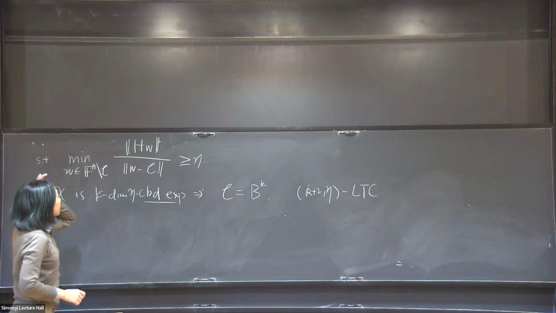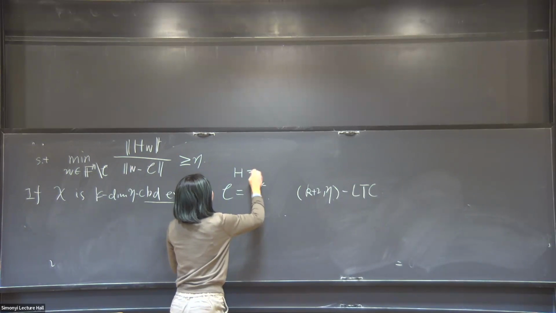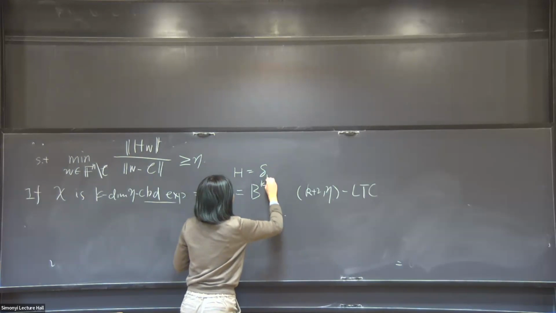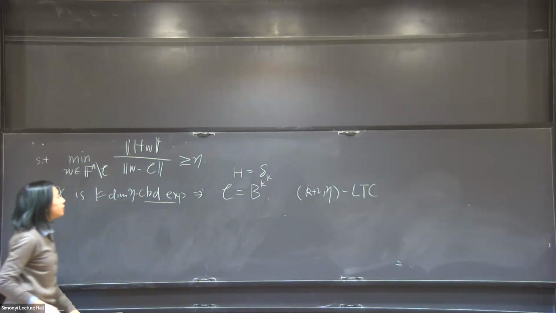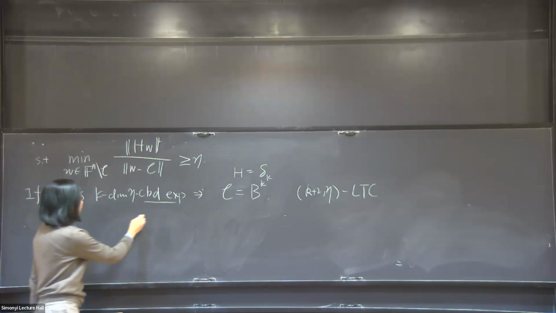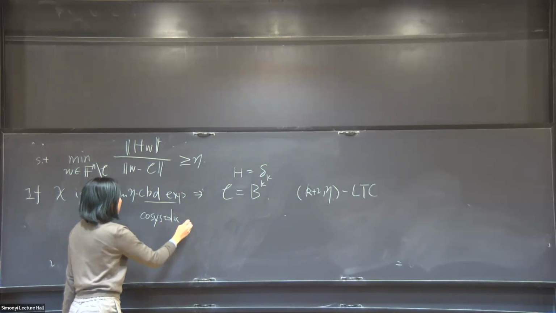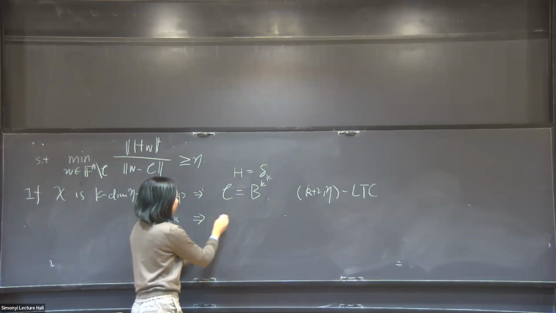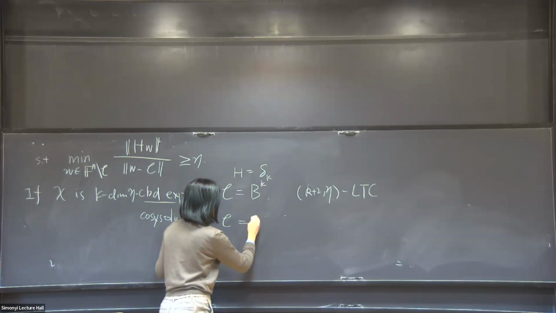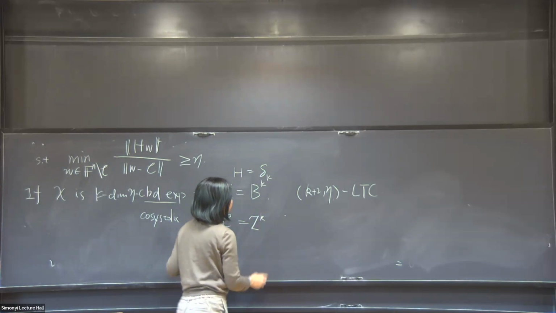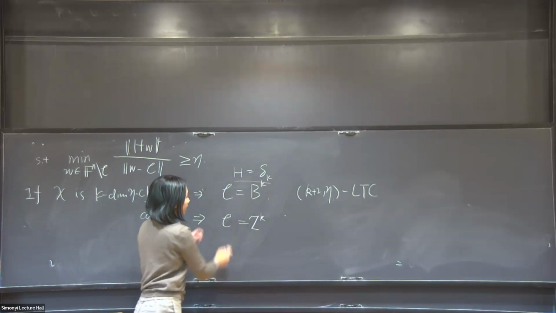Okay, so this is the coboundary expansion, and in this case H would be delta K. Oh, right, that's a good point. So H would just be equal to the matrix delta K. Okay, if instead we have a cosystolic expander, then we can set C to be equal to Z^k. And then H would still be this.